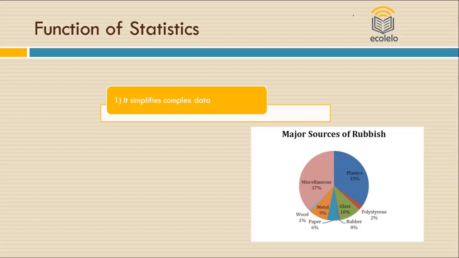This is for any country or any city. We are just considering an example. Now, it is so difficult to calculate that plastic has 35% of the share, glass has 10% of the share, metal 9%. It's so difficult to calculate. So the first thing we have discussed is that it simplifies complex data.